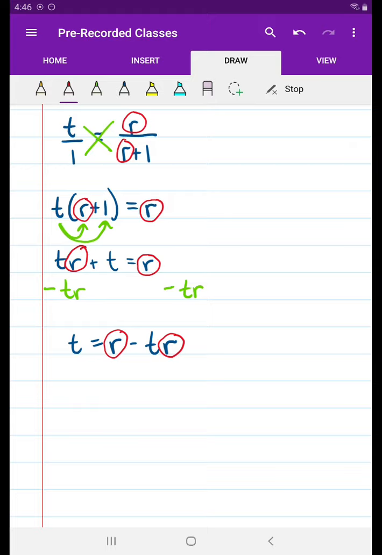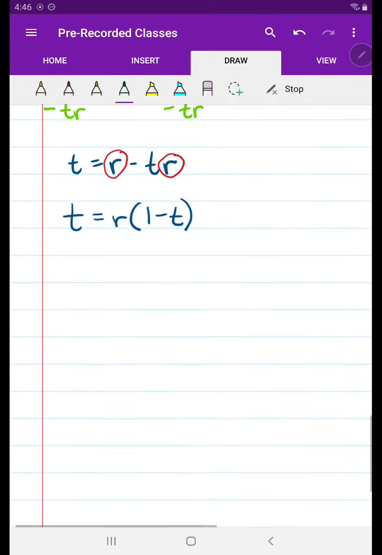And I could do what I did in a previous example, is I could factor R out as though it were a GCF. So if I factor it out as a GCF, that means I divide both terms on the right side by R. That'll give me 1 minus T. And I still have a T on the left side. Okay, so remember, I want to get R by itself.